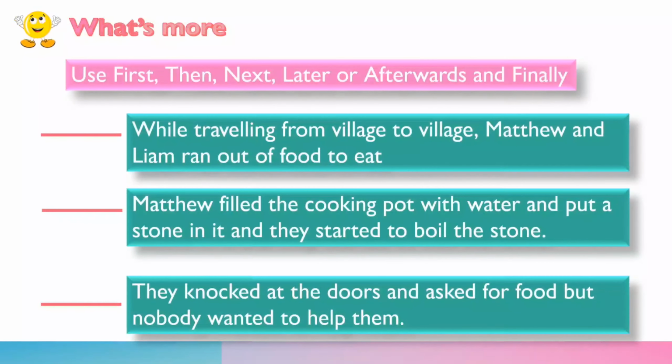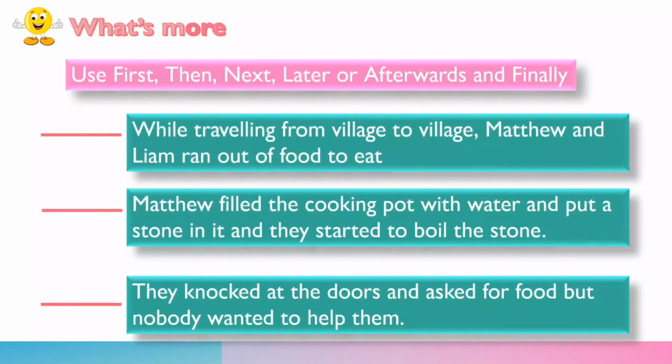Blank, while traveling from village to village, Matthew and Liam ran out of food to eat. Blank, Matthew filled the cooking pot with water and put a stone in it, and they started to boil the stove.